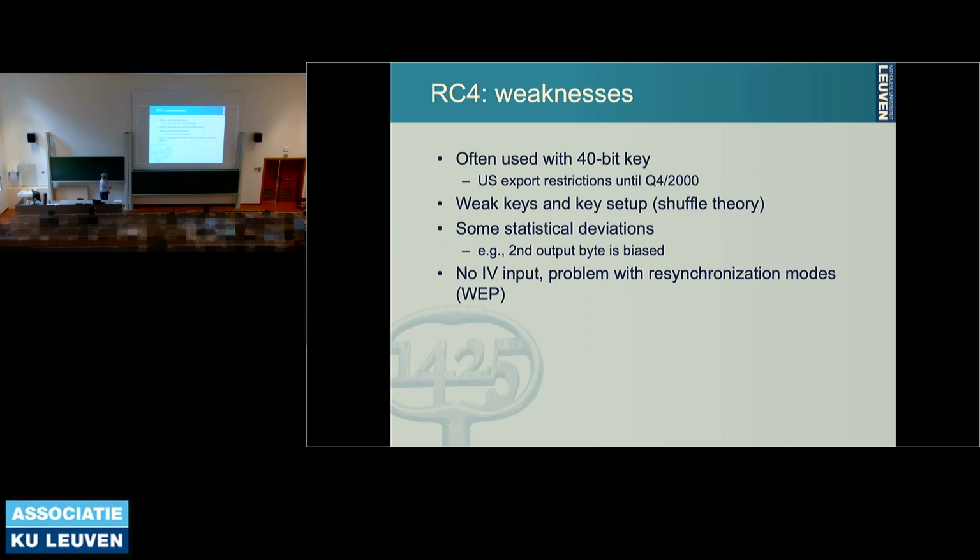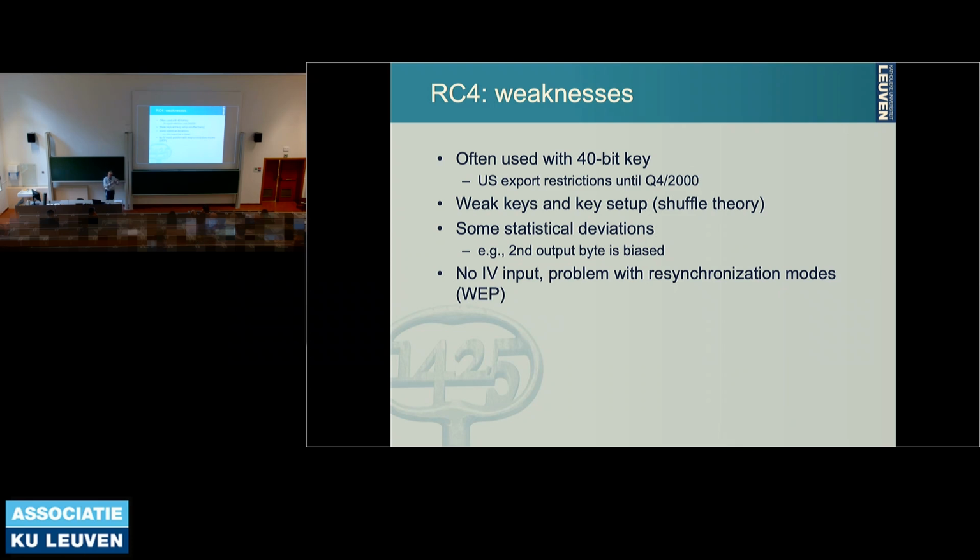And then a final weakness is the fact that there is no IV input. I mean, this design dates back from before the time that it was customary to have an initialization vector input. It was used later when people said, well, we know now we need an initialization vector input, but there is only a key input to the cipher, so why don't we split the key in 2 parts? One part is the key, the other part is an initialization vector, and we run it like that.